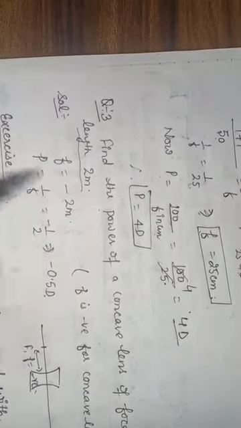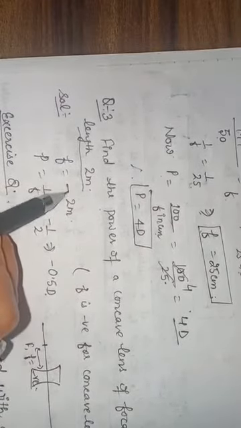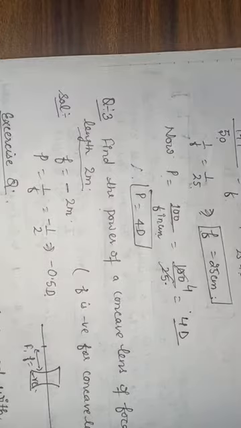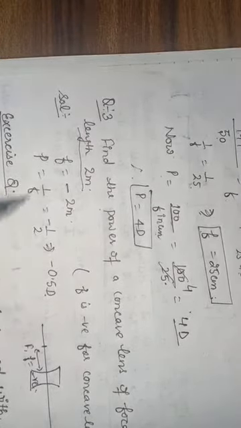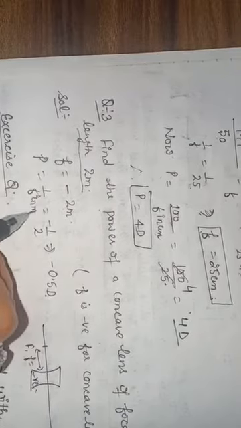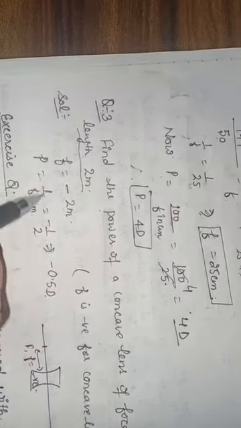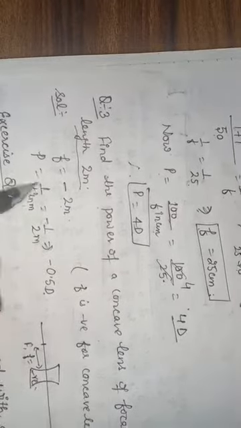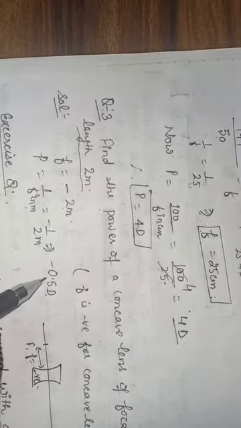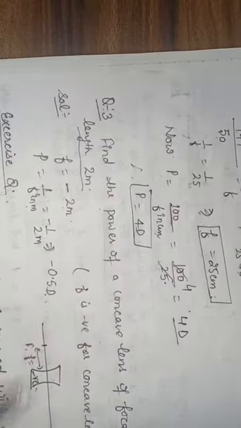Whatever the value of focal length is given to you, you have to mark the sign along with the focal length. So focal length is 2 meter, minus 2 meter, and power is equal to 1 upon f in meters. Substitute value because it is 2 meter, then we get minus 0.5 diopter.